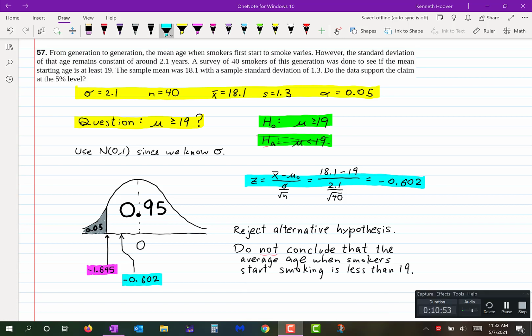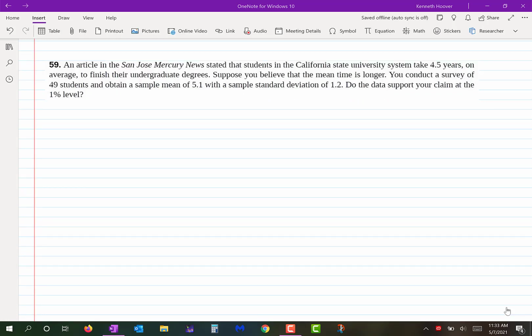Now let's do another problem. An article in the San Jose Mercury News stated that students in the California State University system take 4.5 years on average to finish their undergraduate degrees. Suppose you believe the mean time is longer.